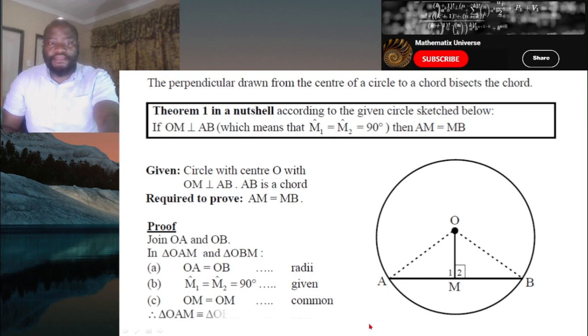Then we can say that the two triangles are congruent to each other. Reason: right angle, hypotenuse, side. So OB and OA are the hypotenuse, and we mentioned the right angle and one other side. Then finally we can say AM equals MB, since the two triangles have been proven to be congruent to each other.